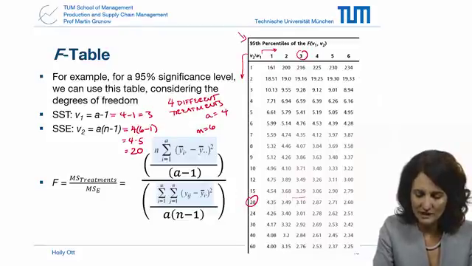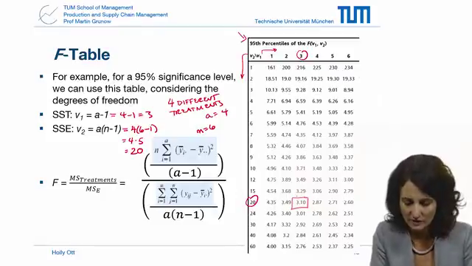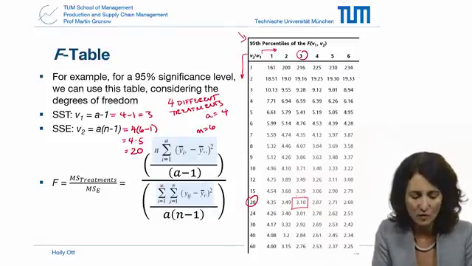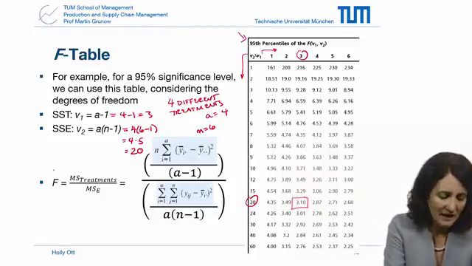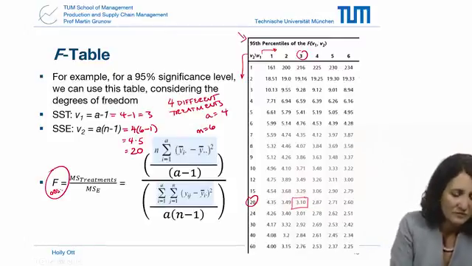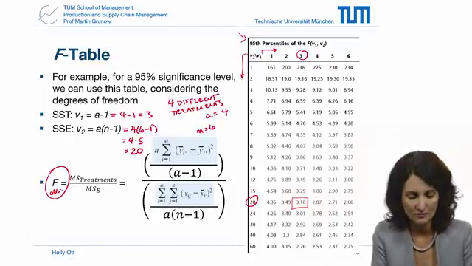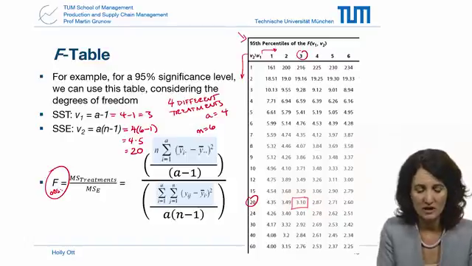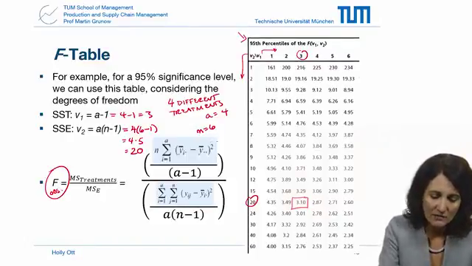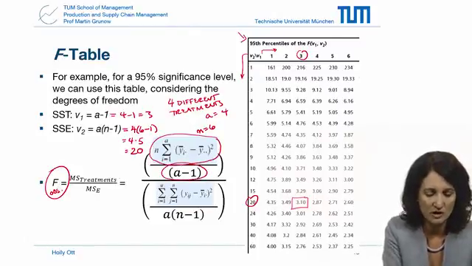So from our F table, you can read this critical value. What this critical value means is the same idea as before. If your F observed from your data is larger than this F critical, then you reject the null hypothesis. So you take your data, calculate the sum of squares for the treatments, and divide by A minus 1 to get the mean square treatment.